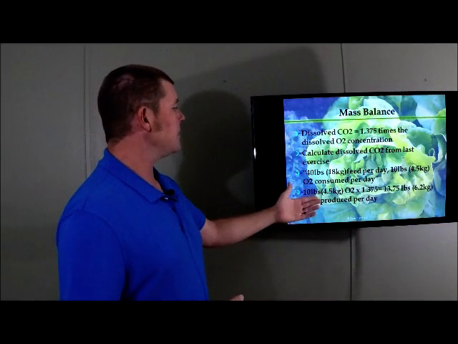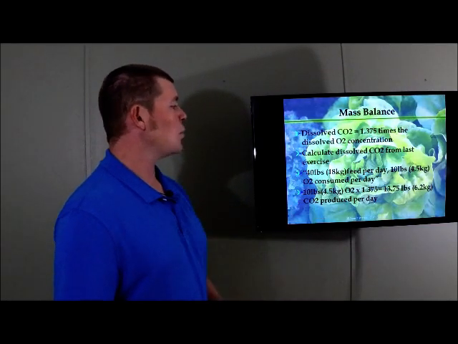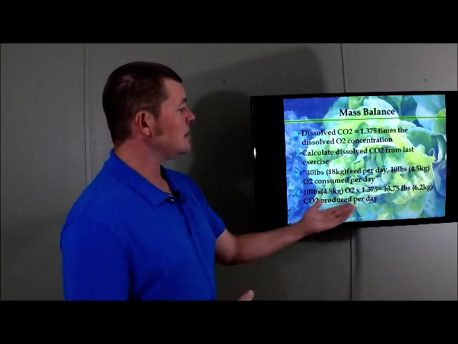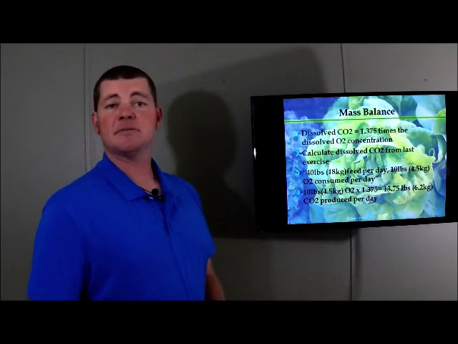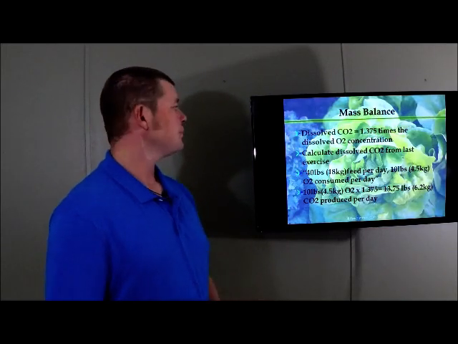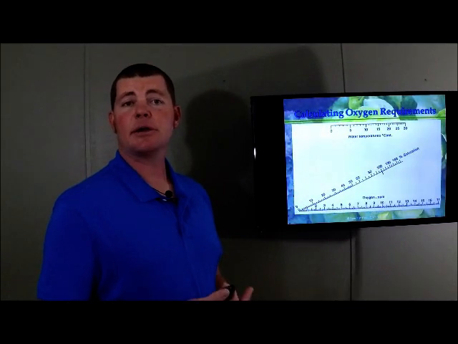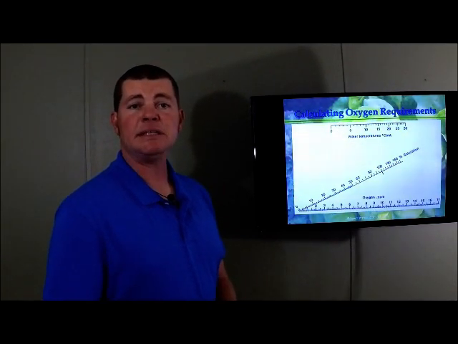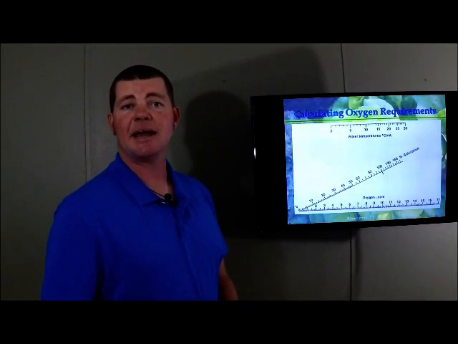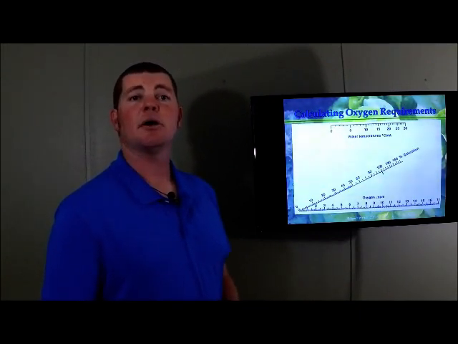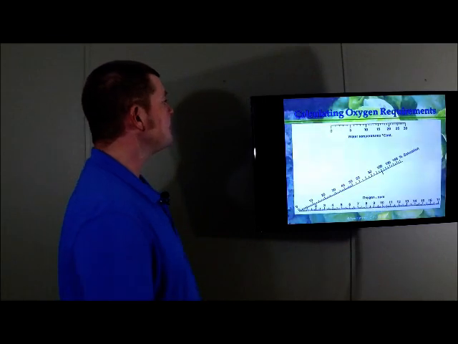Well, we take that 10 pounds of oxygen times 1.375, a constant factor, and we get 13.75 pounds of CO2 produced per day. We use that to calculate whether or not we need to actually off-gas and degas CO2, and we'll talk about that when we're sizing equipment and we go through degassing equipment.